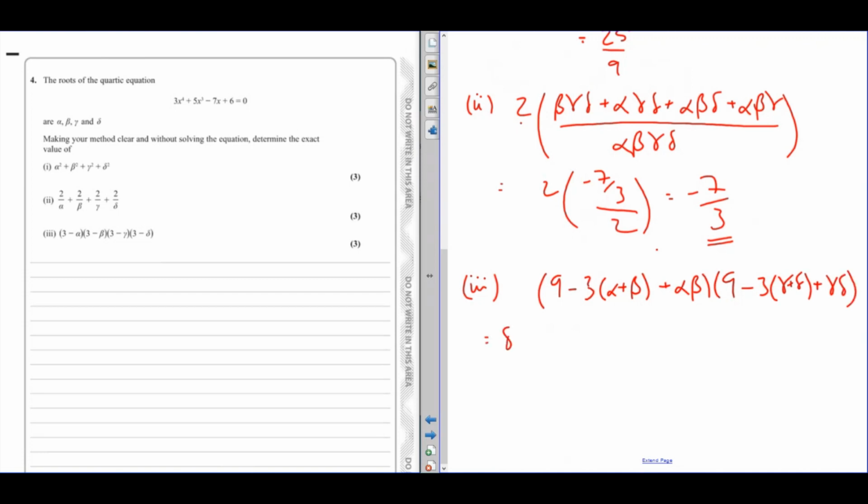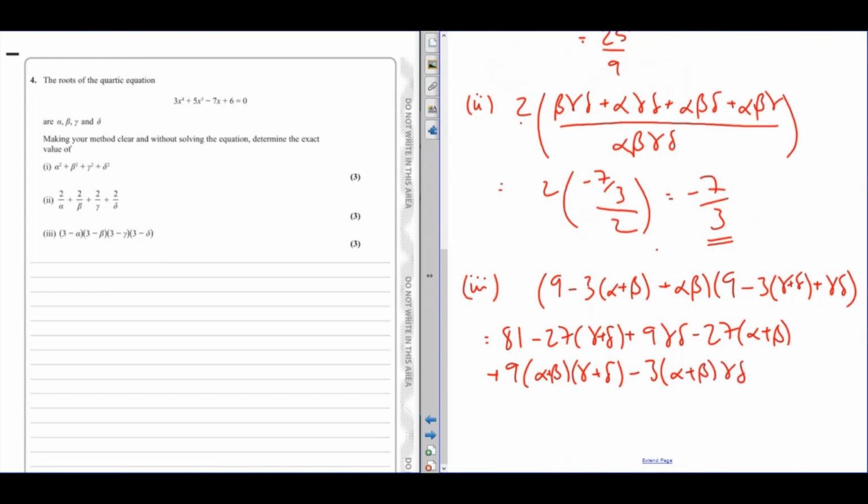Then expand this out again, so I'll get 81 minus 27 times gamma plus delta, plus 9 gamma delta, minus 27 times alpha plus beta, plus 9 times alpha plus beta, gamma plus delta, minus 3 times alpha plus beta, gamma delta, and then plus 9 alpha beta, and minus 3 alpha beta, gamma plus delta, and then plus alpha beta gamma delta.